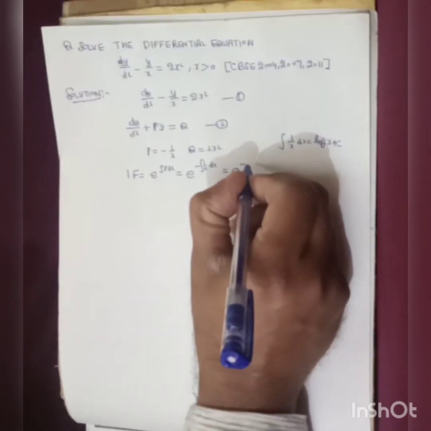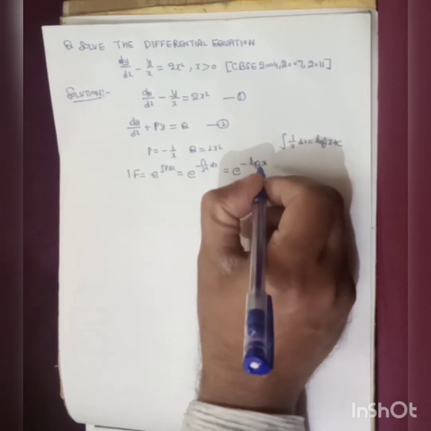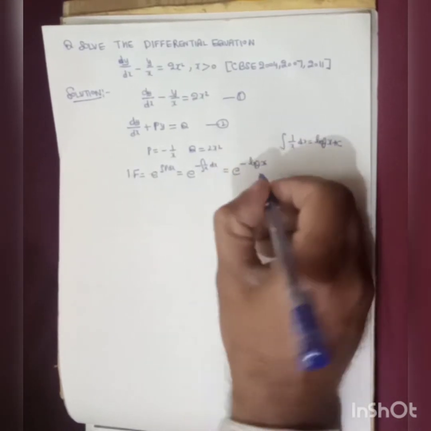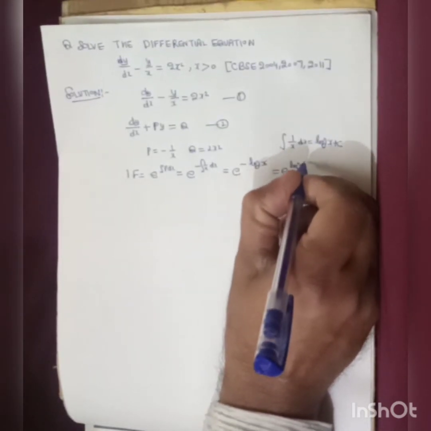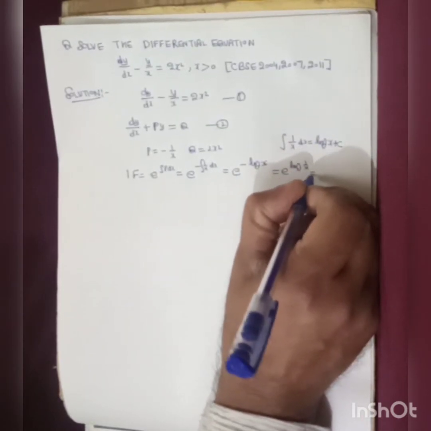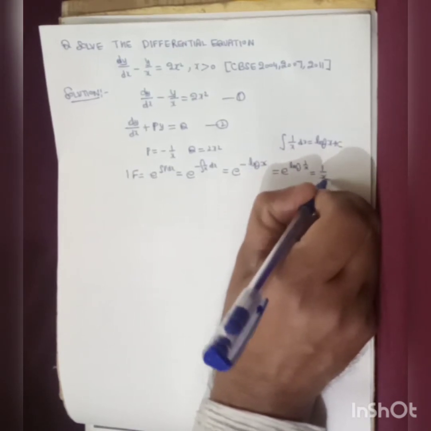So it will be e to the power minus log x, which is e to the power log 1 upon x. The e and log will cancel, so it will be 1 upon x.